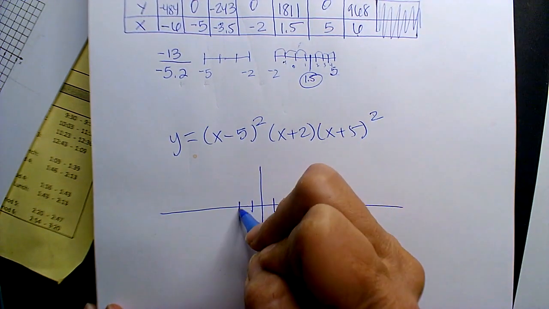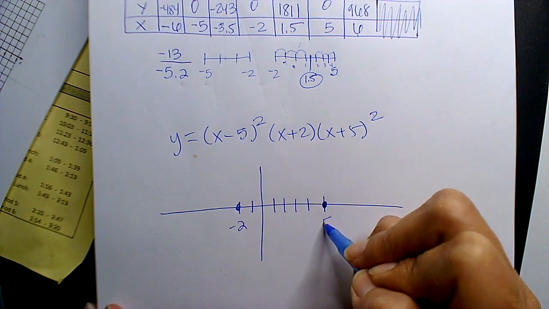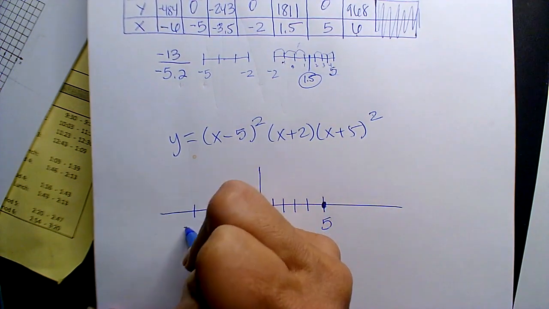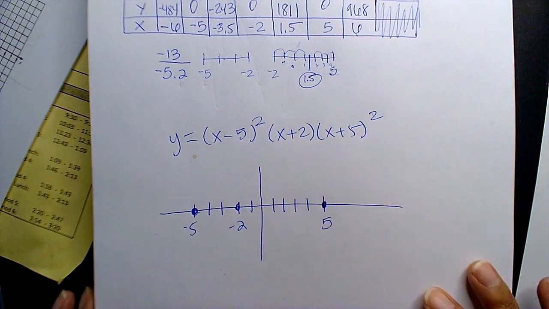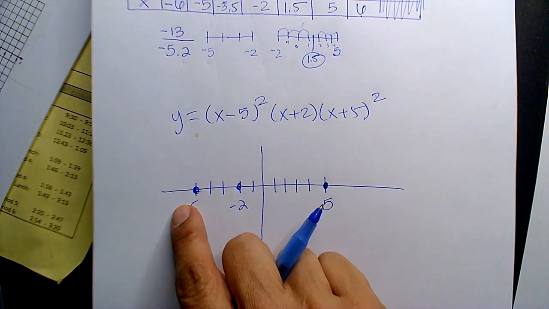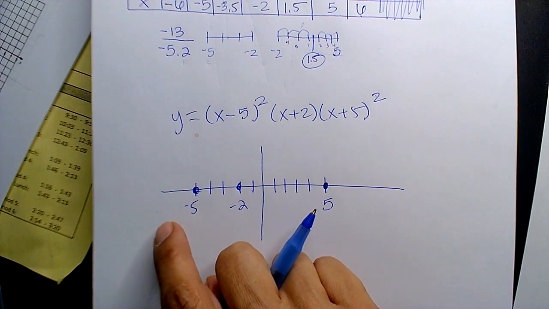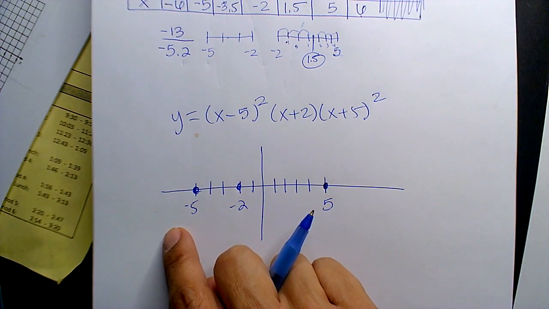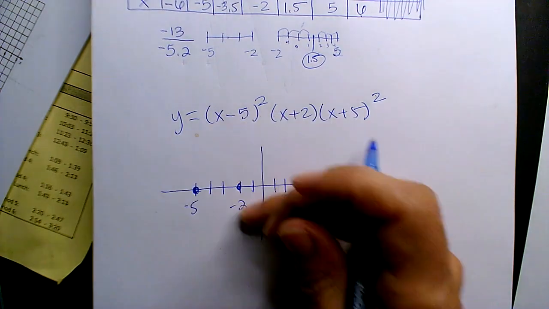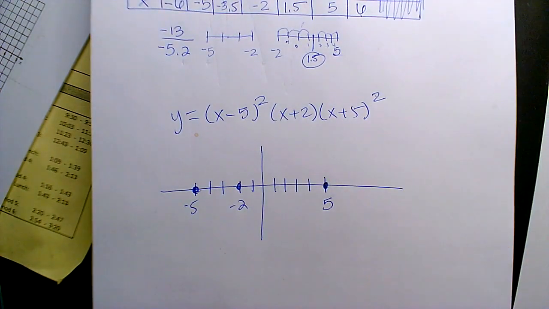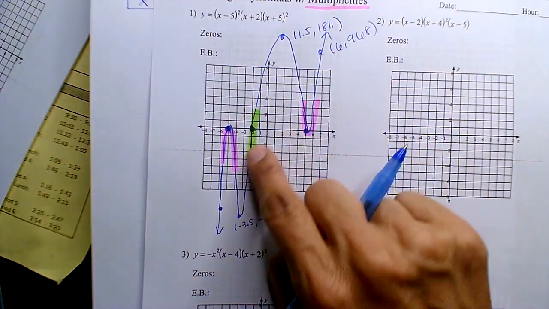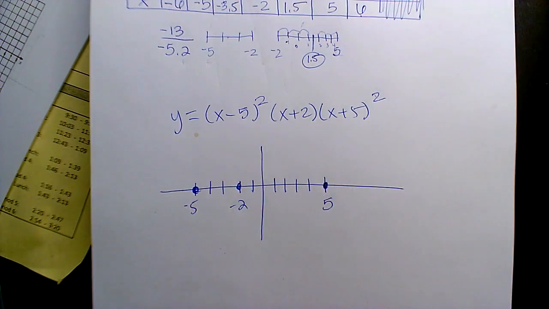You're at -2, -2, 5, -5. Your only thing is you need to find out what -6 is. You have to plug in -6. Why? Because I just need a starting point. After that, I can easily graph it. Obviously, I'm not going to have exact points, but I just need a starting point.